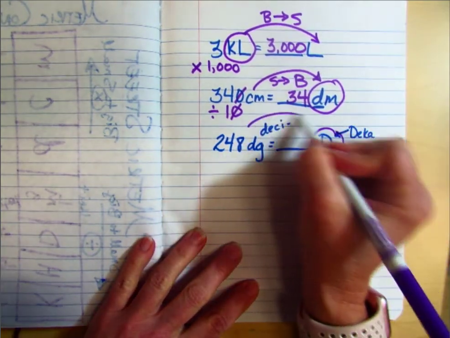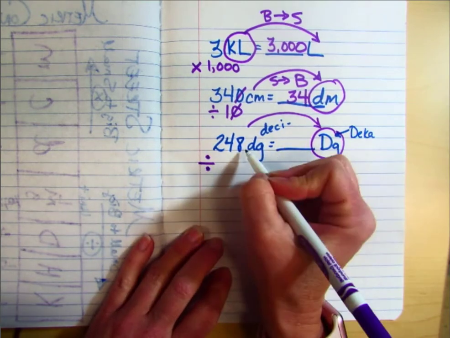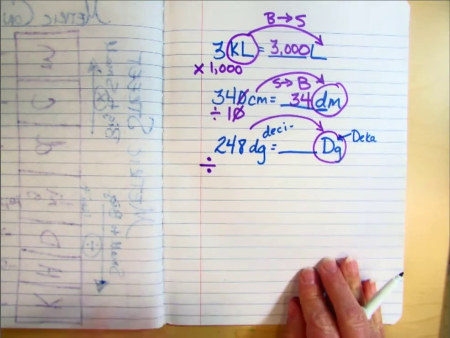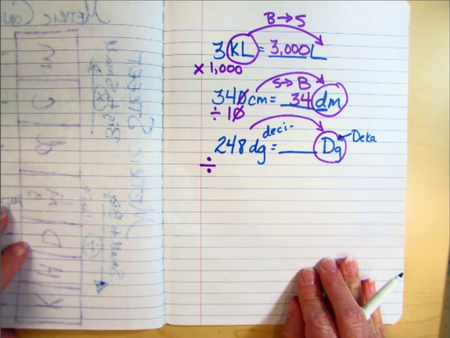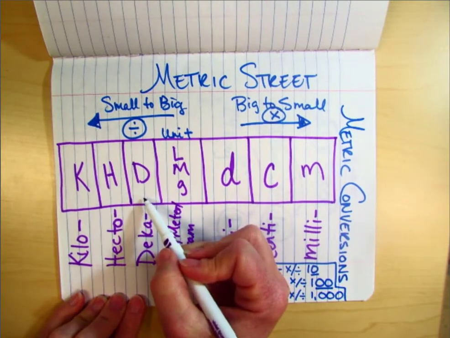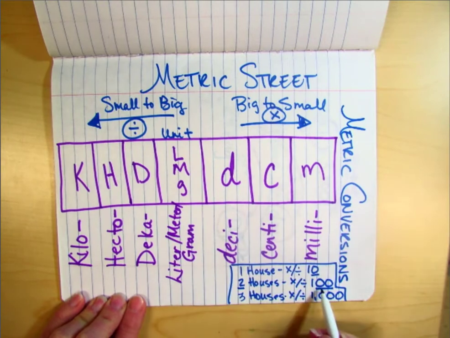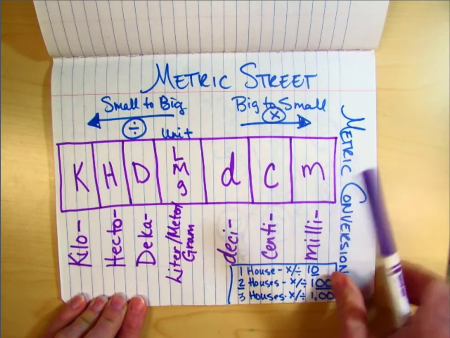I'm going small to big, so I divide, but I don't have any zeros here. This is when you're going to have to think back to what we did with decimals. If I start at deca's house and I go to deci's, I'm moving 1, 2 houses, so I'm using 100 on this.